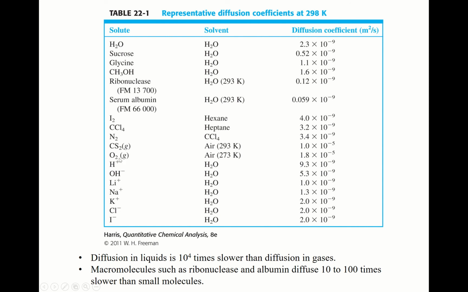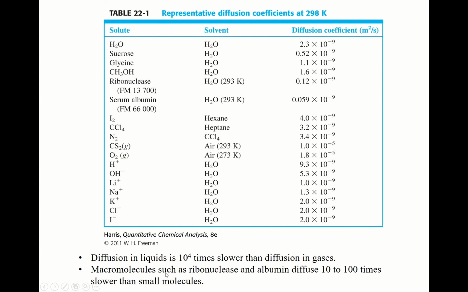And oxygen also diffuses in air at 0 degrees, and whose diffusion coefficient is 1.8 times 10 to the minus 5. So we can conclude here diffusion in liquid is 10,000 times slower than diffusion in gases. Okay, this is a usual case.